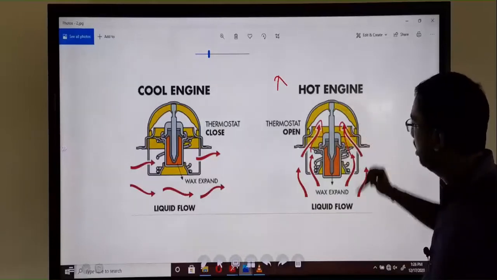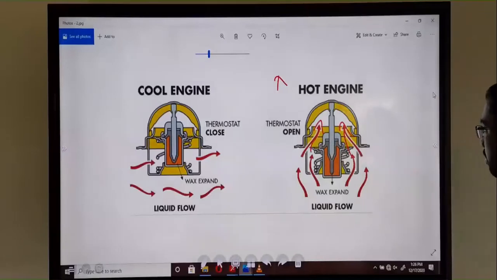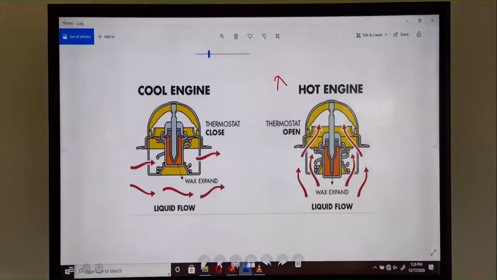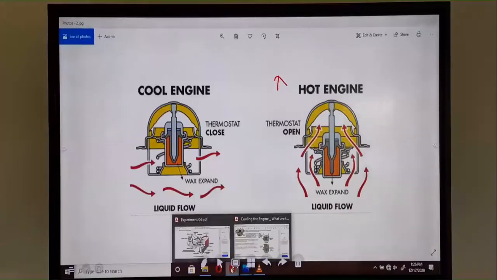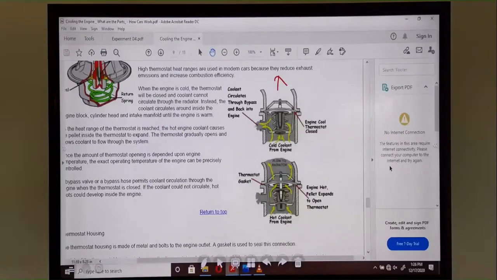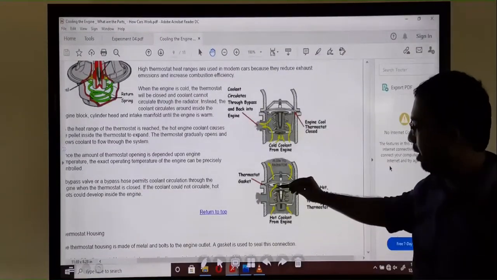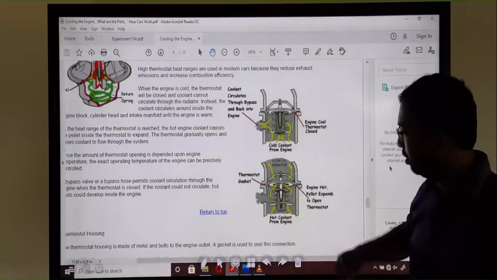So the coolant moves through this main line. So at that time you can see, okay, now this area is open.